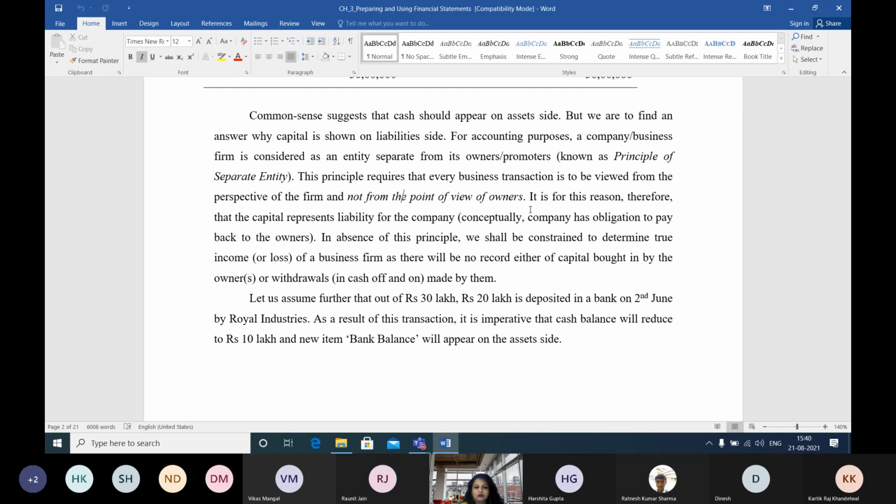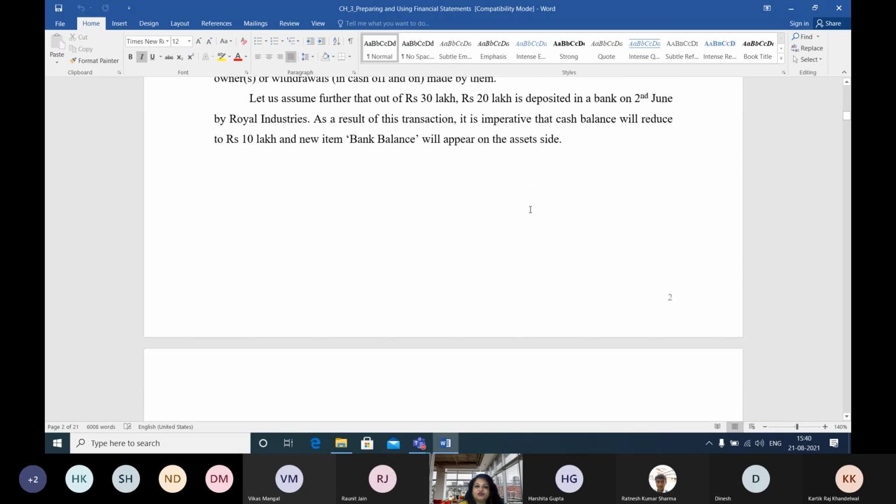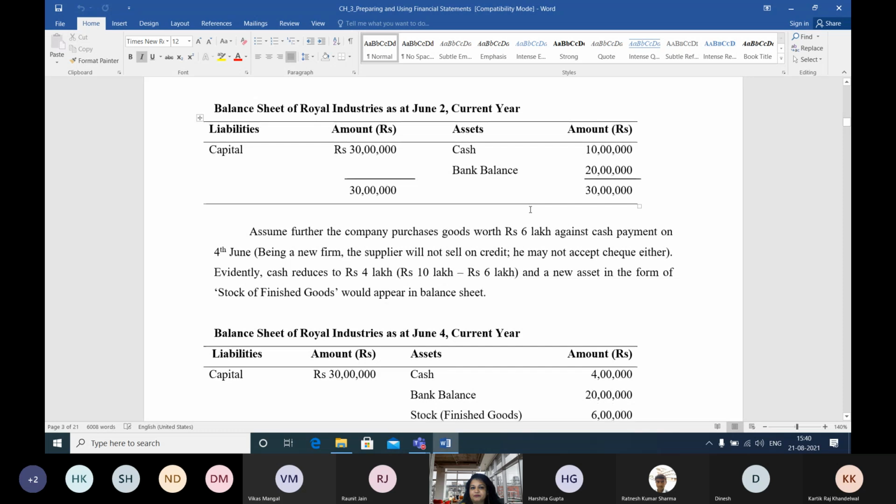Now, let us assume further that out of 30 lakhs, 20 lakhs is deposited in a bank on 2nd June by Royal Industries. As a result of this transaction, it is imperative that cash balance will reduce to 10 lakhs and a new item called bank balance will appear on the asset side. So this is how it will be.